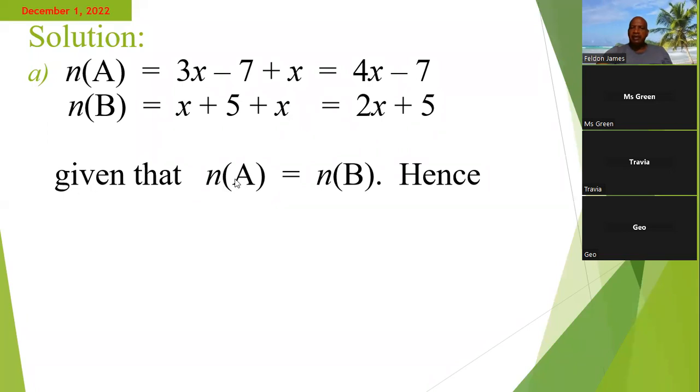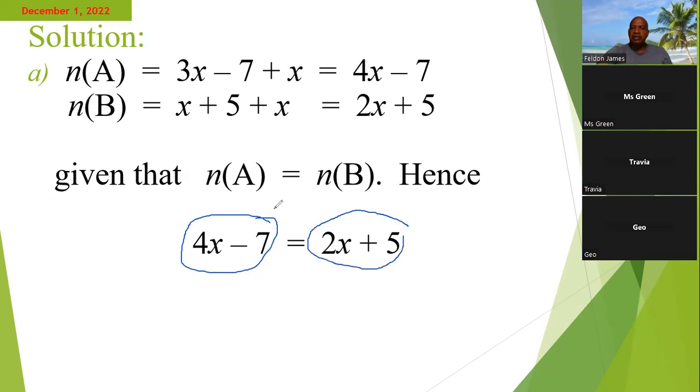And here now, given that the number of elements in A is equal to the number of elements in B, therefore we can equate, because this is A and this is B. So the number of elements in A is equal to the number of elements in B.